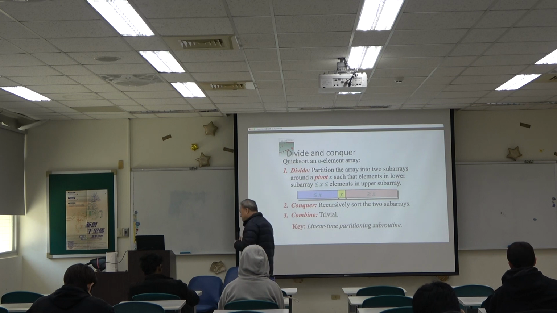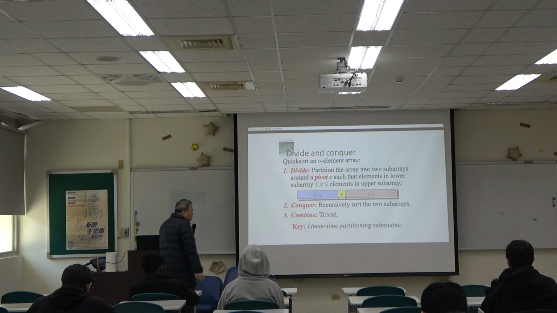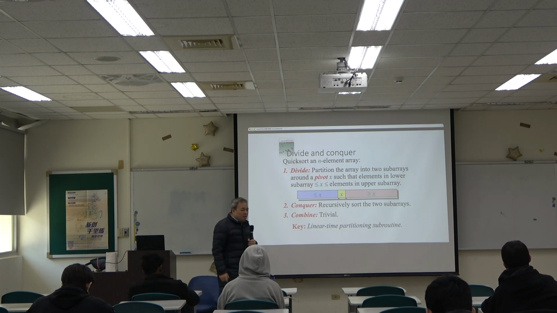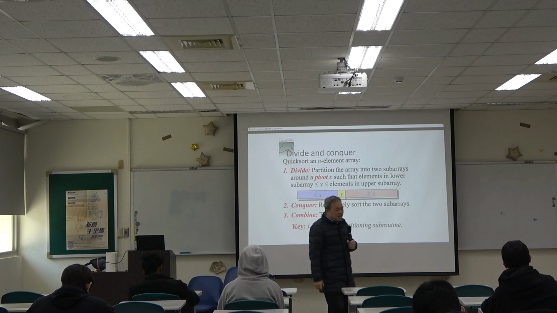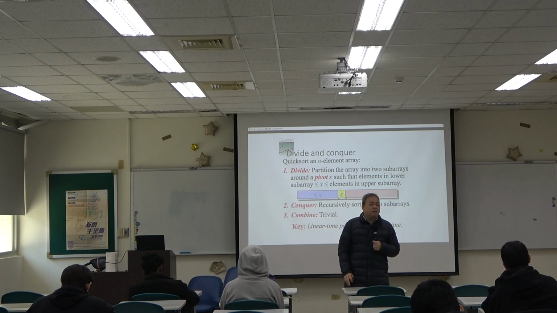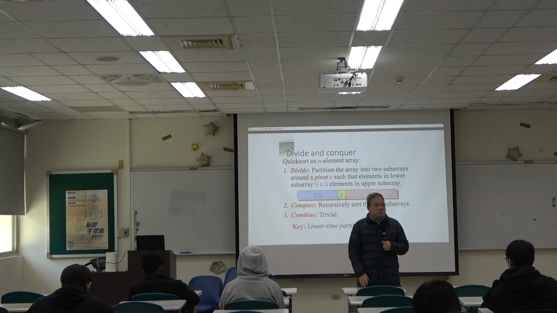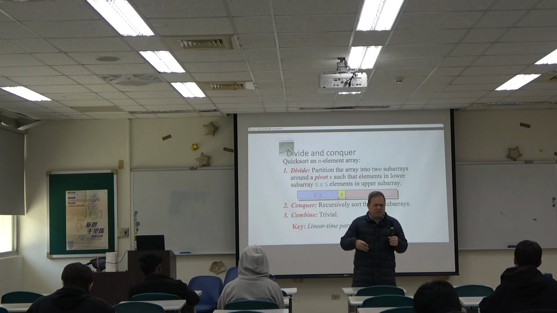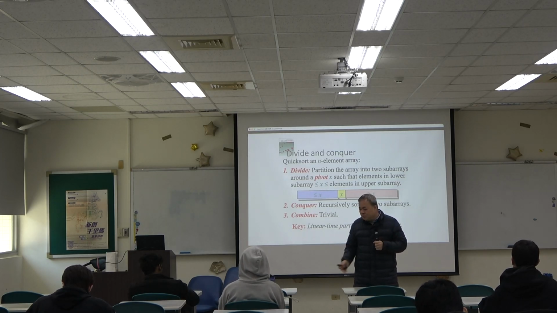So what is the quicksort? Remember the merge sort. In the merge sort, the divide is quick, right? It doesn't take much effort to do a division. The conquer, as I said earlier, is most of the time done by recursive call, so not much programming.